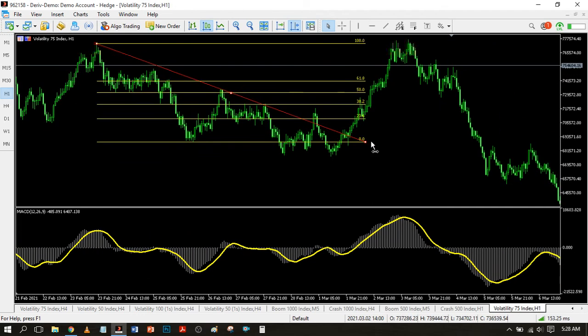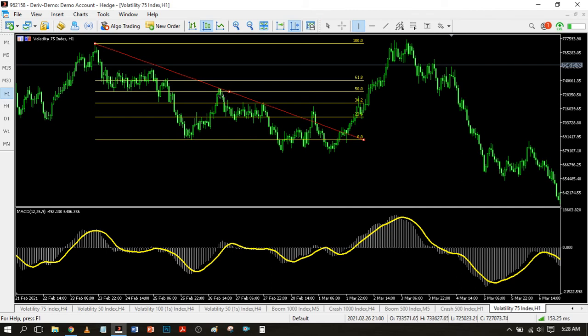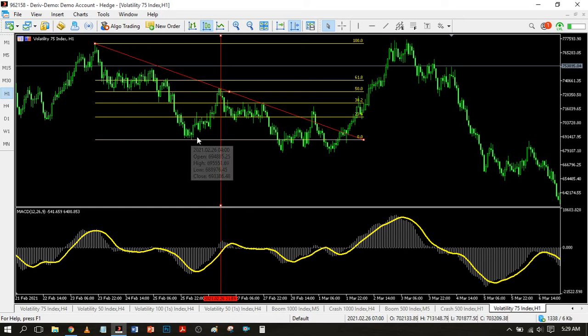Just right here, you can see that the MACD also pushed above the 0 level, isn't it? So just right here, you place your sell trade and the market drops. You can see it touched our target here.